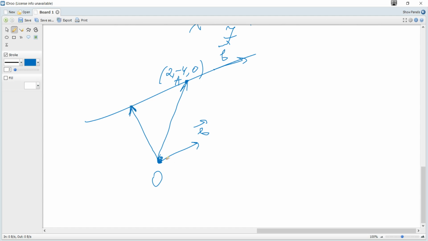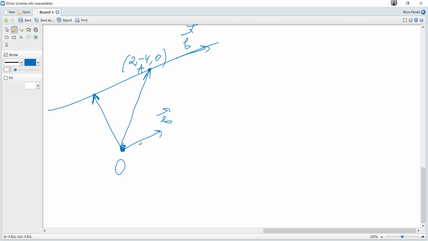It's called perpendicular projection, and the magnitude of this perpendicular projection is the required shortest distance. And how to find this perpendicular projection? It's the magnitude of the cross product of this vector OA and this vector b, divided by the magnitude of b.